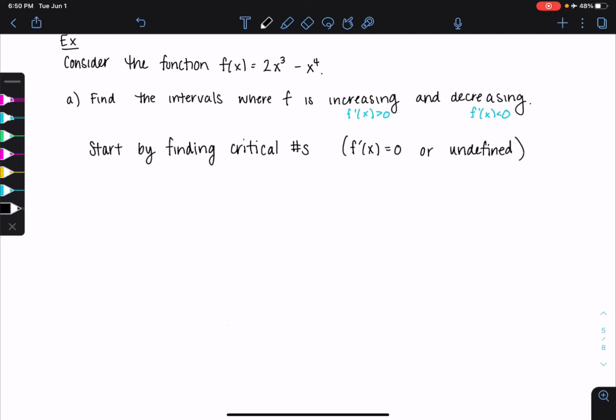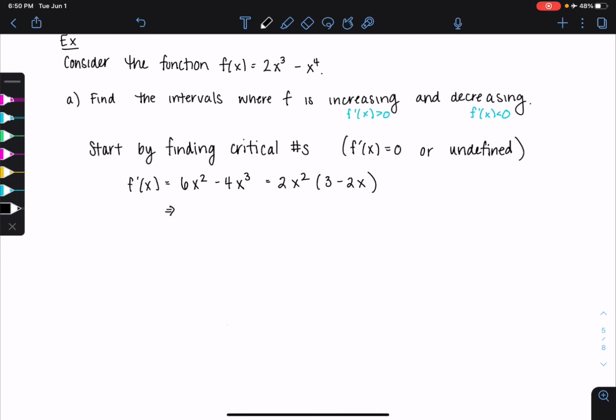Okay. So I need to take my derivative. Applying our power rule will give us 6x squared minus 4x cubed. We can take a 2x squared out, and that will leave us with 3 minus 2x.